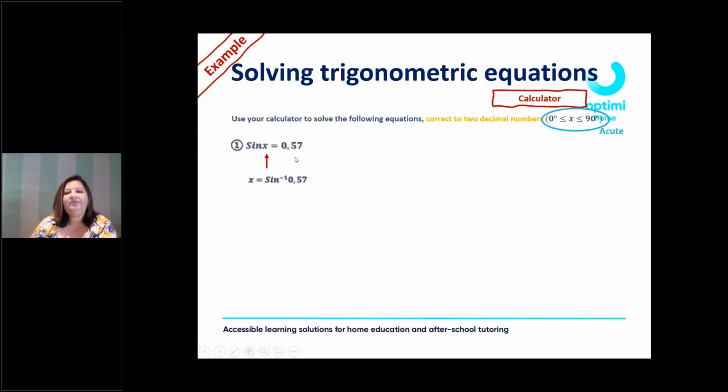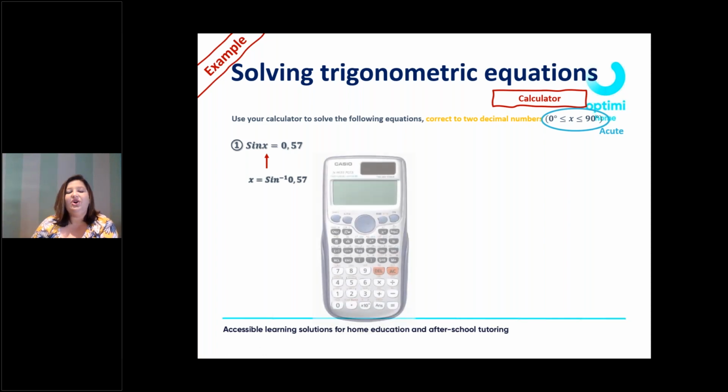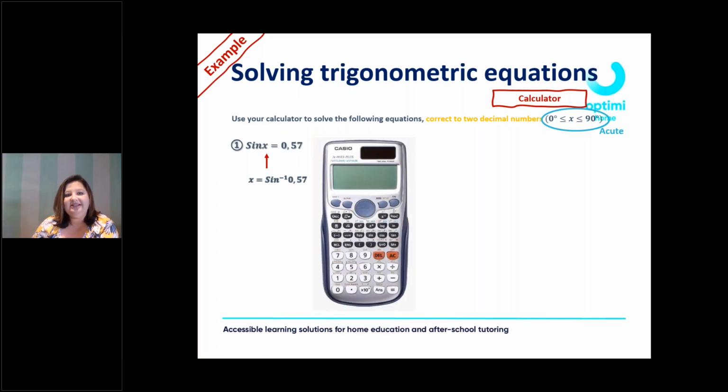Right. So how am I going to calculate that? That is where you are going to grab your calculator. Now, I know that some of you have the Sharp. It's fine. There's only one word that is.